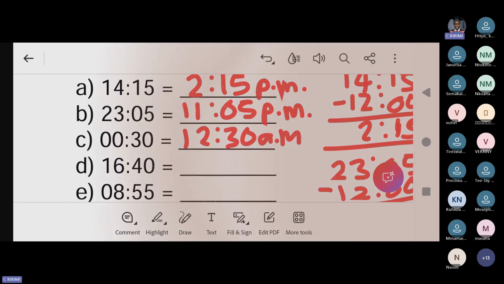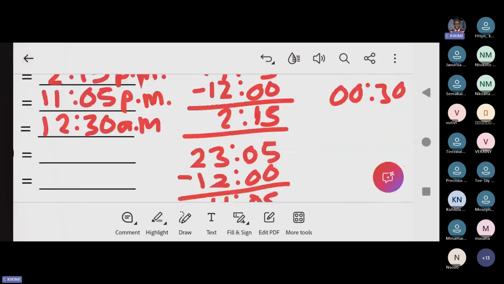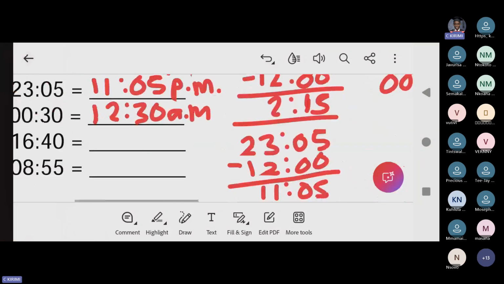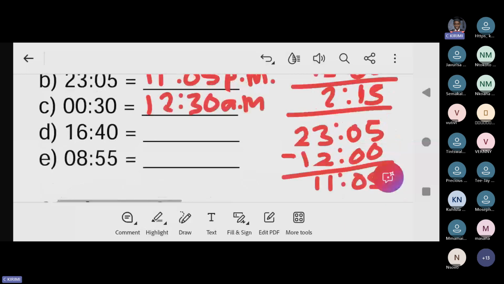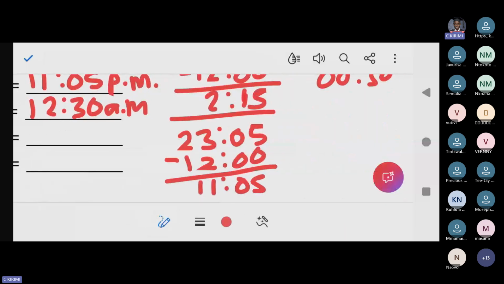Then for 16:40, it is past 12. How many hours? So you subtract. It is past 12 in the afternoon by how many hours? So you write 16:40. Then you subtract the hours that it passed 12 noon. So you want to know in 12-hour format, what will be the time?